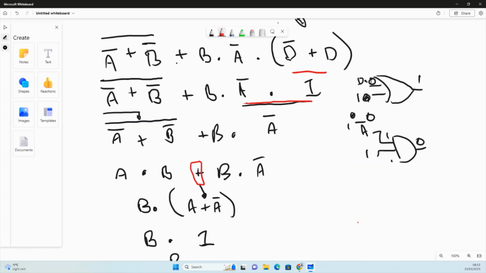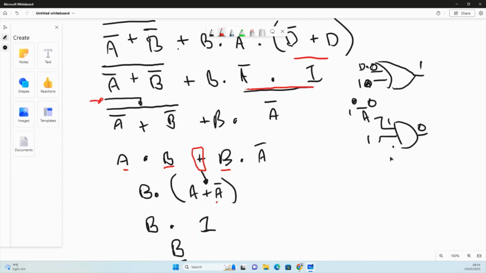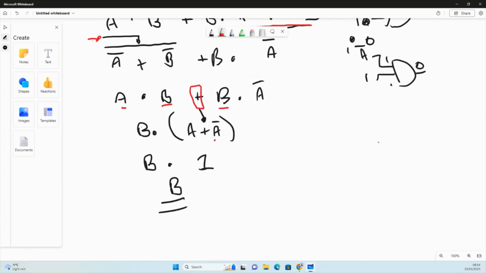And then we De Morganed here, so used our De Morgan's law to split the line and get rid of those overbars, which left us with B on both sides of this equation. So we took B, put it outside the brackets. We took the remaining terms, which is A or not A, put them inside the brackets, and we reduced that to 1. And we said again that B and 1 is B.